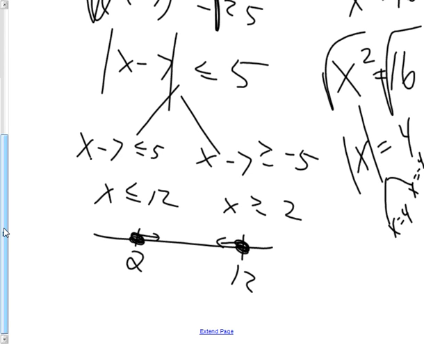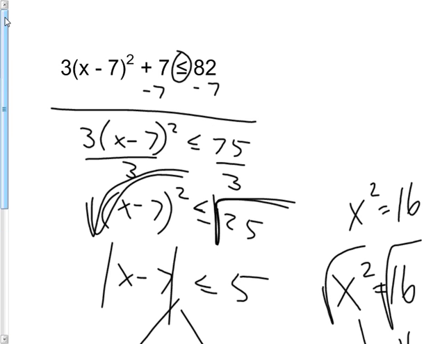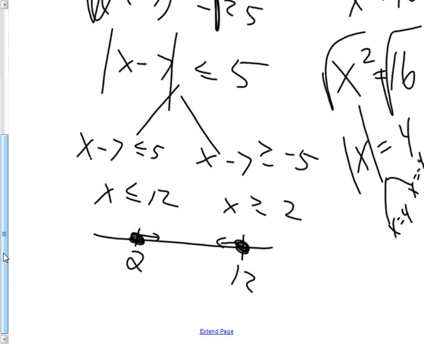Now, if I check in between, I could check some number like 10 and stick a 10 in and see if it works. 10 minus 7 is 3. 3 squared is 9. 9 times 3 is 27. 27 plus 7 is 34. Is 34 less than 82? Yep, so it works. So I tested something in here, and it works.